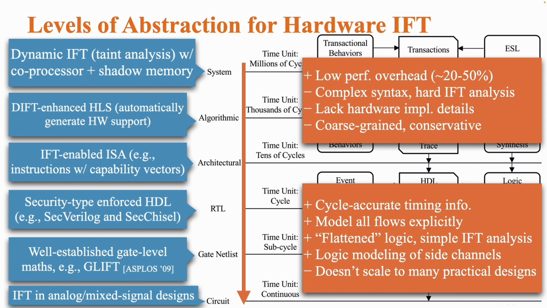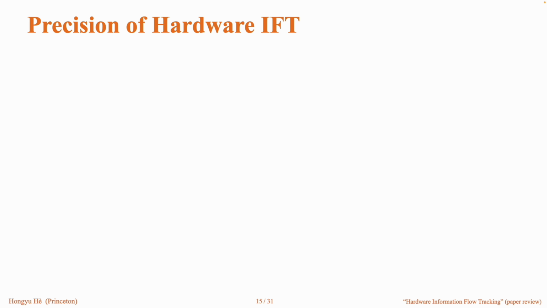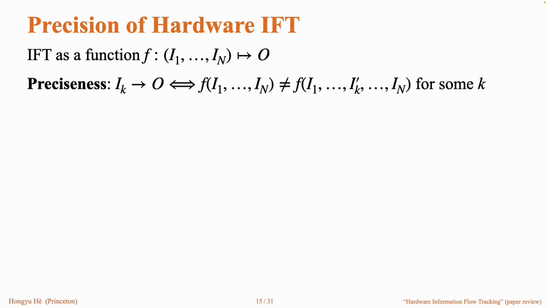But what I didn't introduce is the definition of preciseness. In this paper, they have, I would say, a very peculiar definition of preciseness. Last time we talked about how we model information propagation. So the IFT can be modeled as a function taking n inputs, I1 to In, and producing an output, and saying what this output class is.